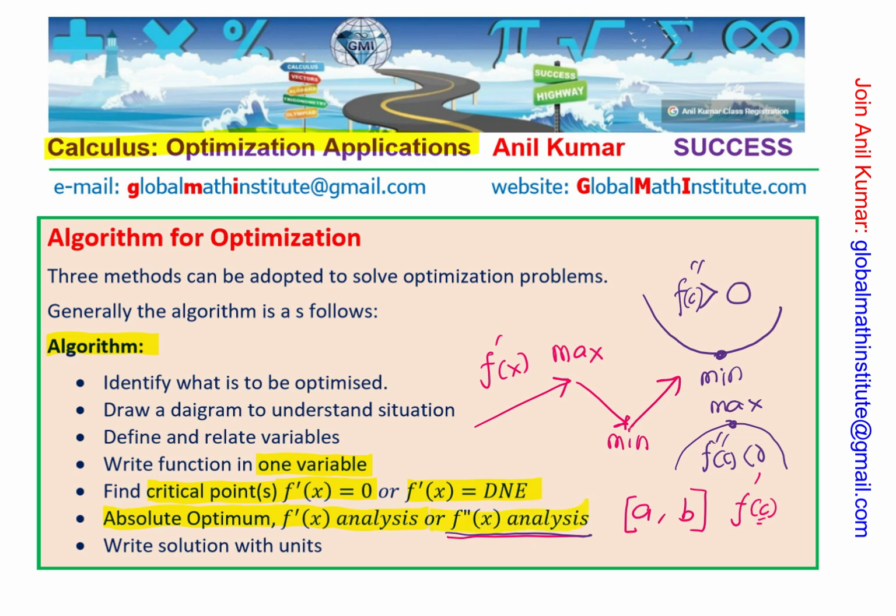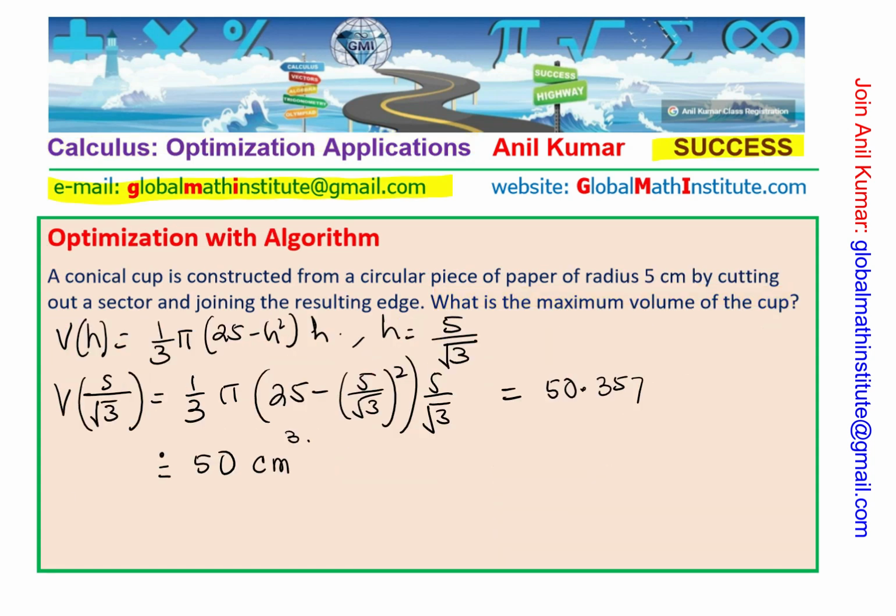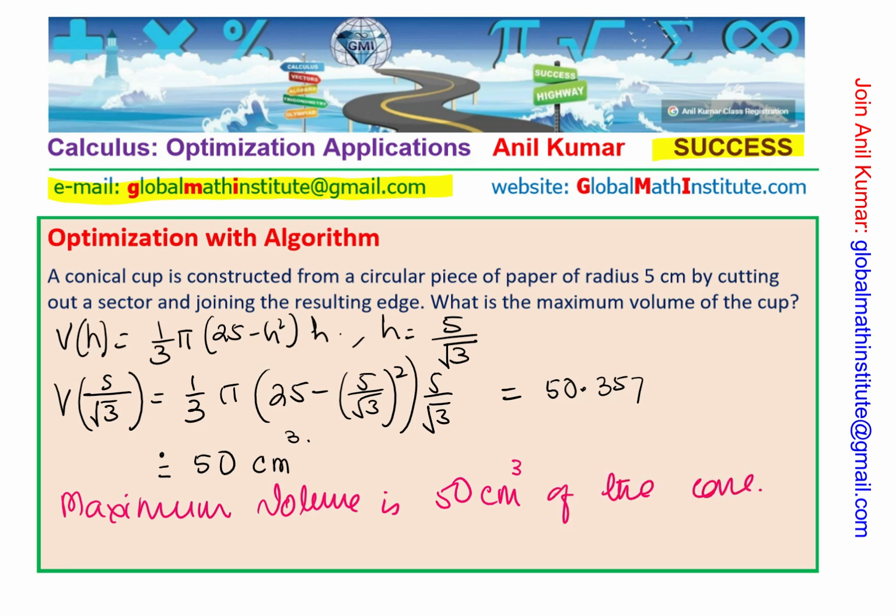Now we just need to write down the solution very clearly, and the solution is that the maximum volume is 50 centimeter cube of the cone. So that is how I think you should be doing it.